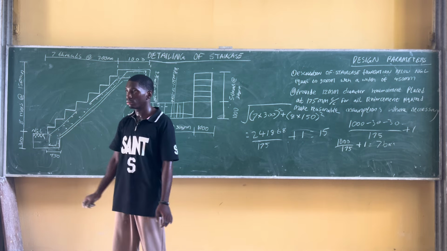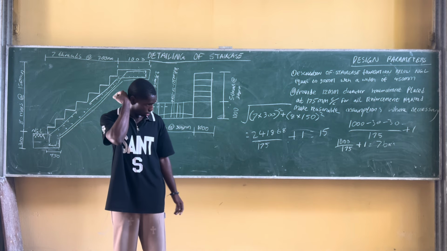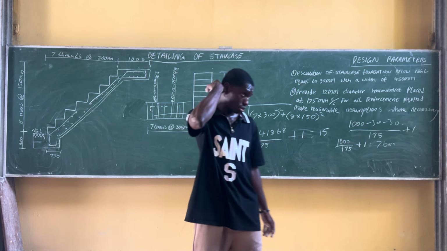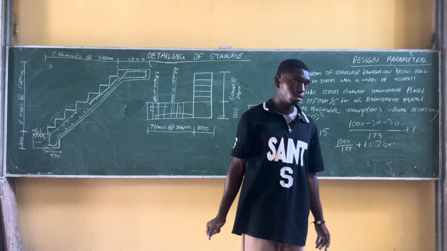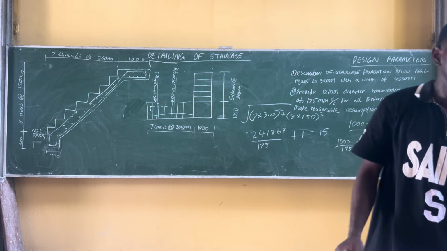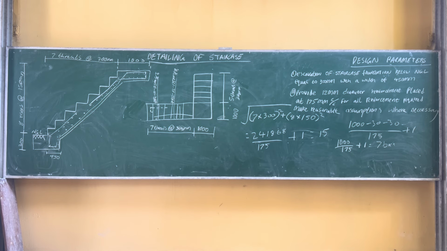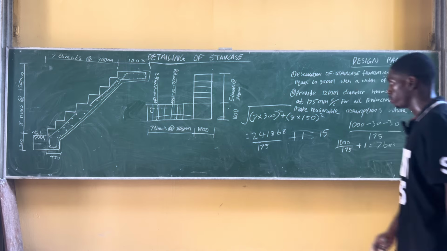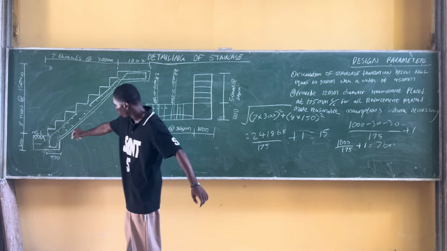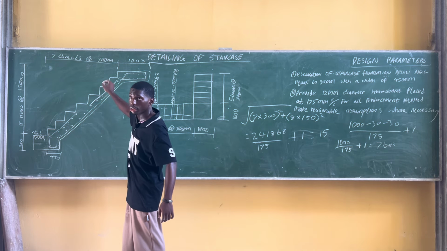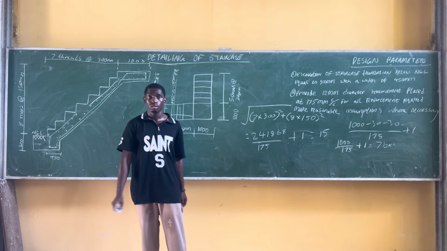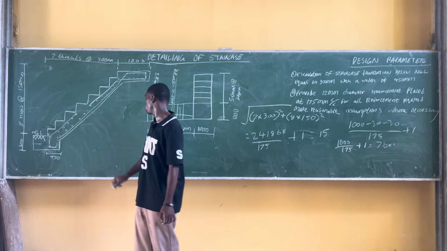What do you get? I mean from here to here. How many number of rows are here? 15. 15 bars.